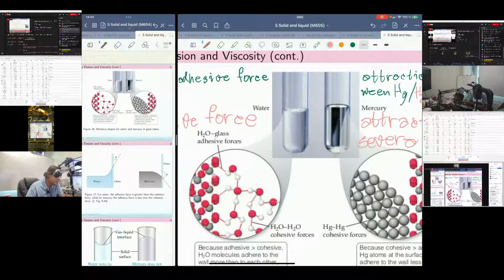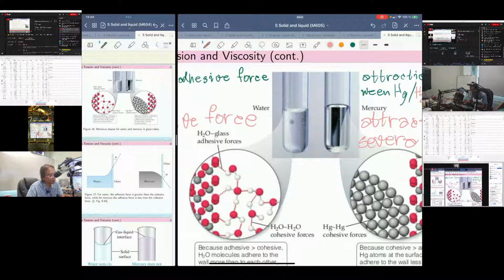And between the silicon molecule in the glass and the H2O molecule, the water molecule, there is an attractive force too, and it is called adhesive force. Different pairs of silicon oxide molecules and water also have adhesive force, at different places.